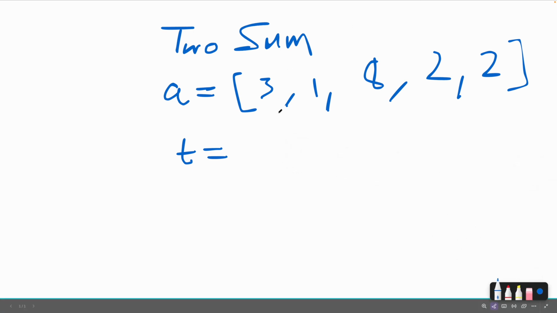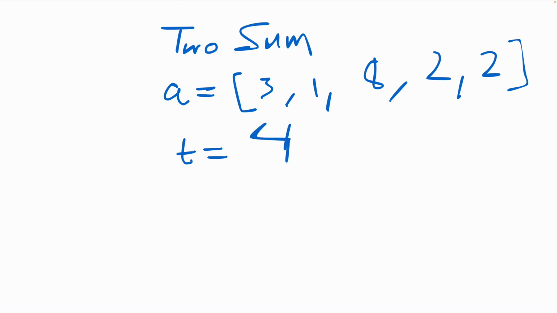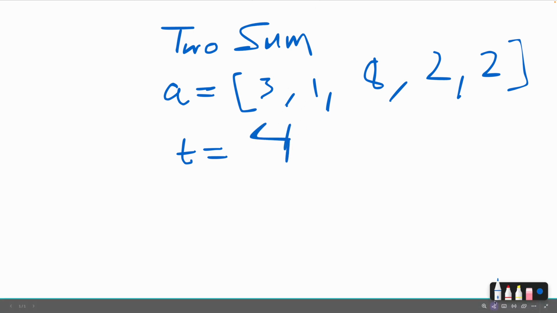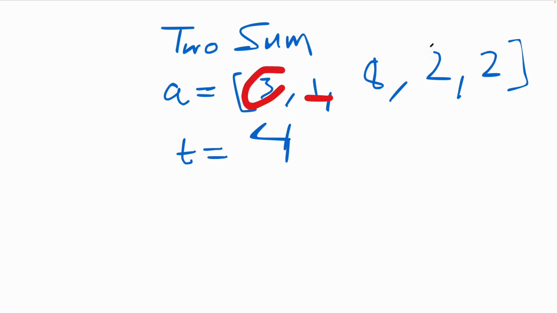So as you can see here, there are two pairs which can lead to a sum of 4. One is 3 and 1, then the other pair is 2 and 2. So 3 and 1 can lead up to 4 and 2 and 2 can be 4. So we have two pairs and we are supposed to return any pair if they exist. So this is all about the problem statement.